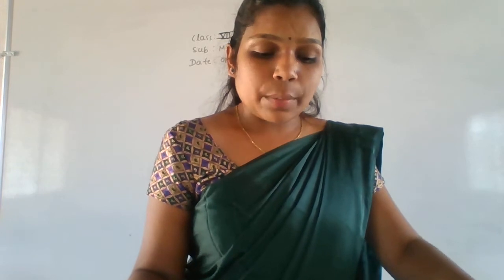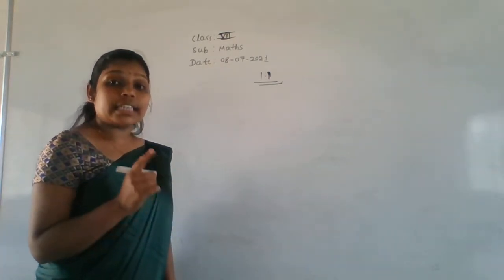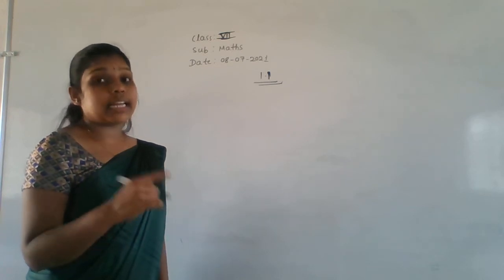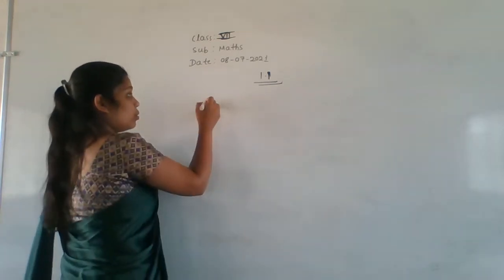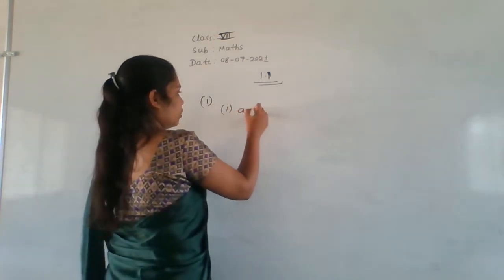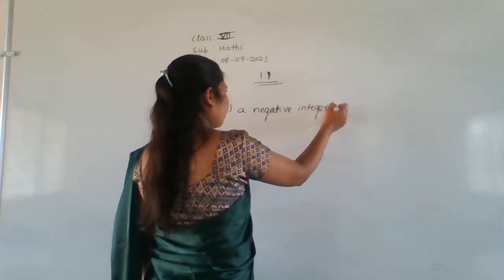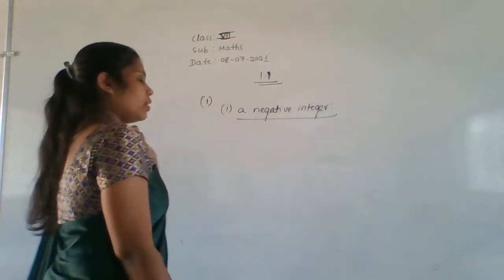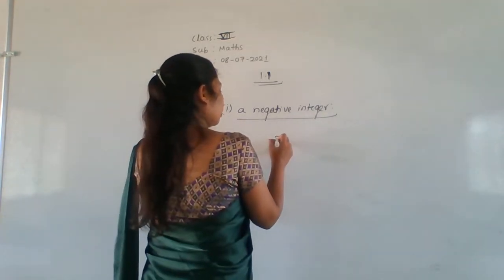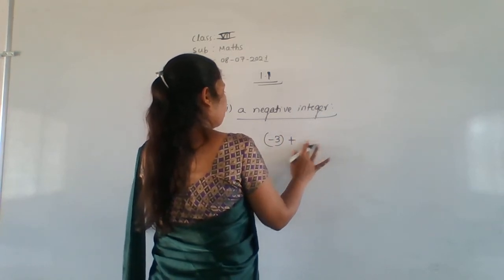Here they ask us to write a pair of integers whose sum is a negative integer. When you add those two integers, the answer should be negative. In the first problem, I'll take minus 3 plus 2.